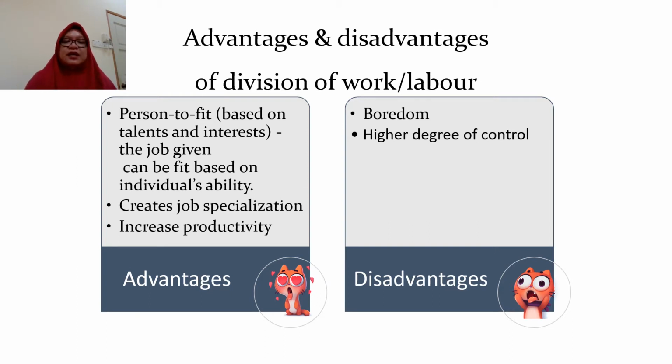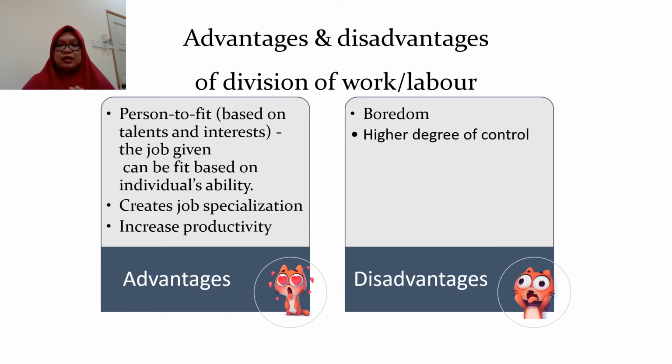It can also increase productivity because when you keep on doing the same thing, you will increase your speed. For example, say you are working in a restaurant and you have to prepare the ingredients. Your job is to cut the vegetables, and every day you do the same thing, so of course you can do it with your eyes closed.